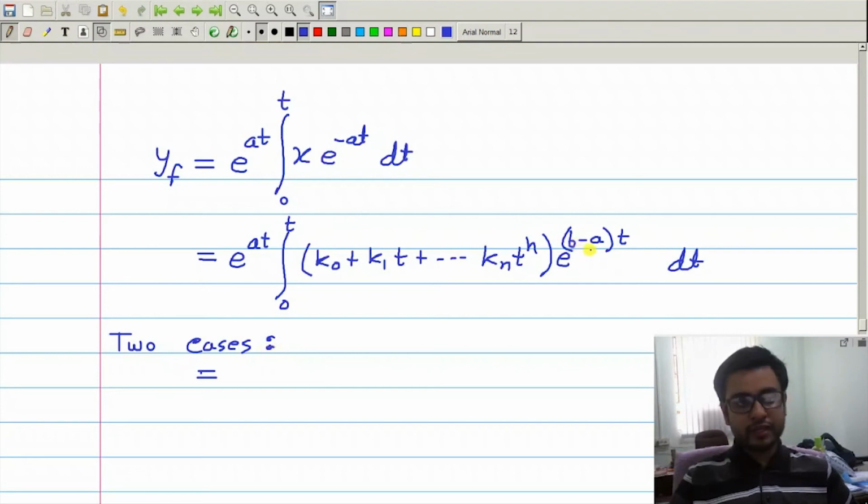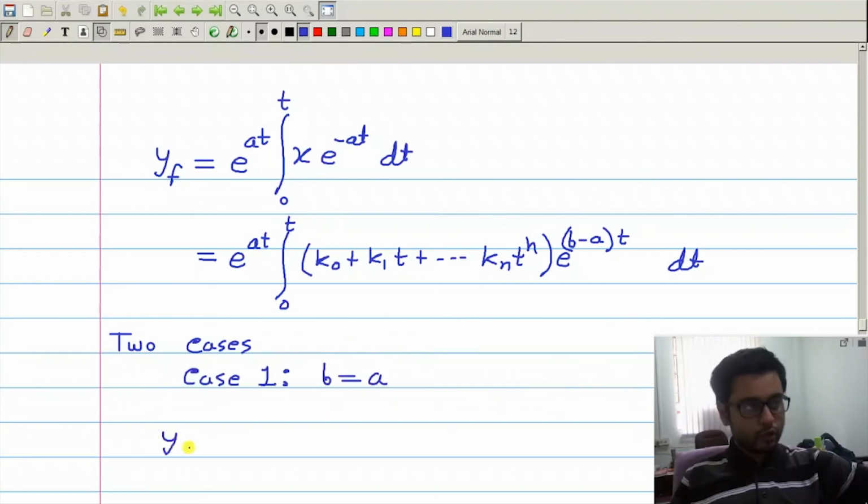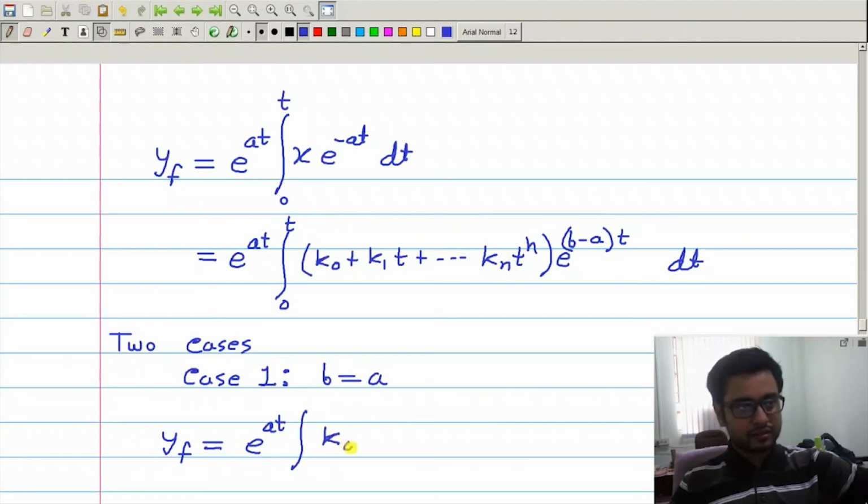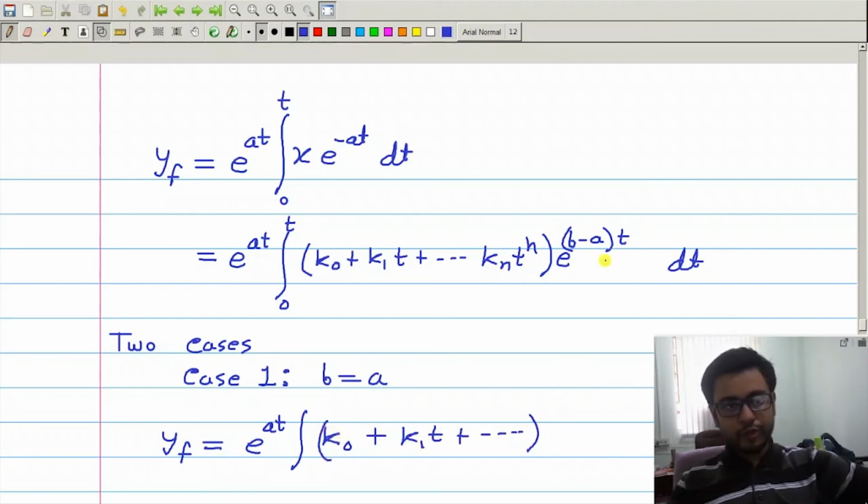Case 1, when b is equal to a, then y_f is equal to e to the power at times the integration of this polynomial, and this term will be 1. So that's it.